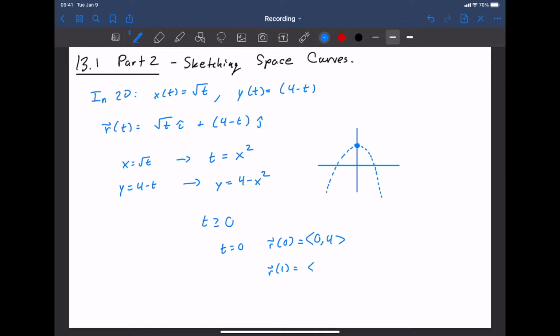What's 1 second later, where are we at? We can just try to track it. That will be really useful in 3D. It's 1, 3, so that's here. So we're talking about this half of the parabola with that orientation, proceeding down. That's a space curve, except it's only living on that 2D plane. And so we can go further by taking this into 3D.